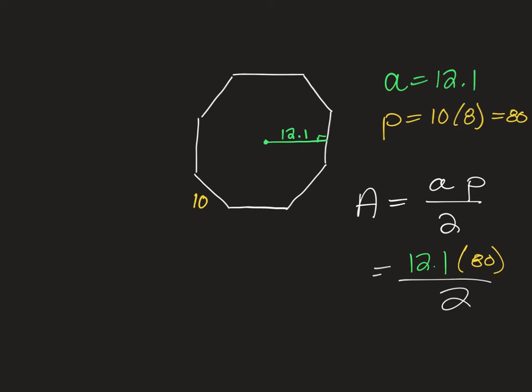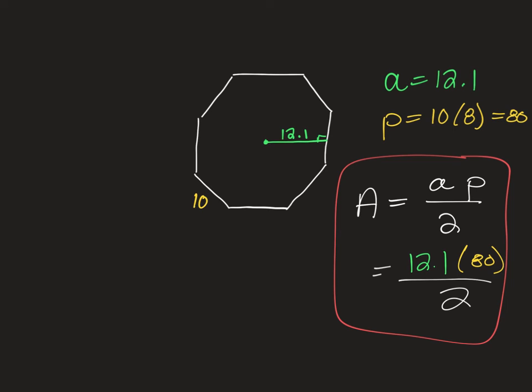So please get in the habit of showing me what formula you're using and the numbers plugged in. Then you can just plug that in the calculator and get an answer. That's fine. But at the very least, show me this part right here. Okay? So please make sure you're doing that on your homework and stuff. That way I can give you some partial credit.